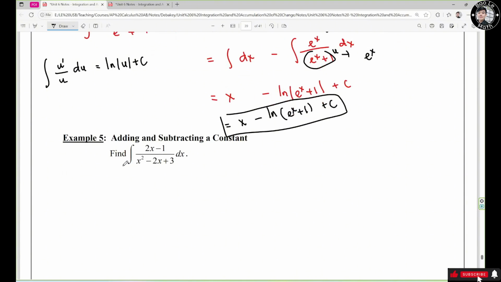Now, let's move on to the next one, adding and subtracting a constant. Now, observe that if you take the derivative of the denominator, does that mean you get 2s minus 2? So in order to apply the formula right here, I need to rewrite the top in terms of 2s minus 2. So does that mean I need to add and subtract 1, because I already have negative 1?